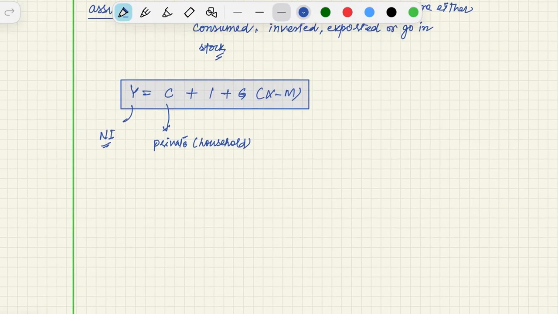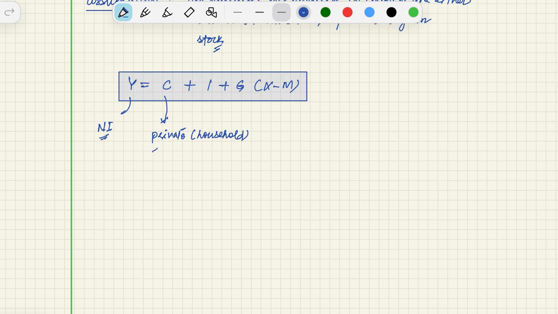Household people incur the private final consumption expenditure. Okay, so whatever expenditure is done by the household is called PFCE, private final consumption expenditure.